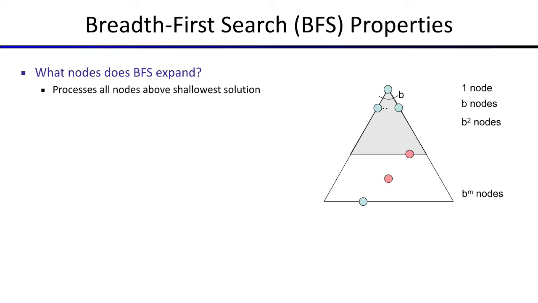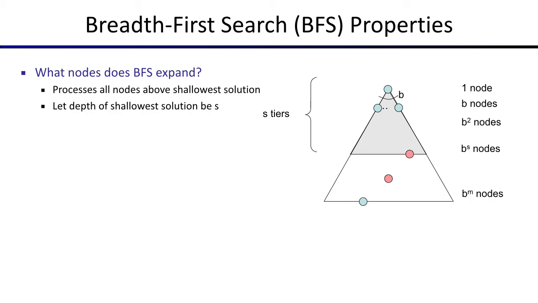So when I say shallow, I mean ignoring the actual costs along each edge, just the number of edges you have to traverse to get from here to here. That depth is S. Everything above S will be processed.